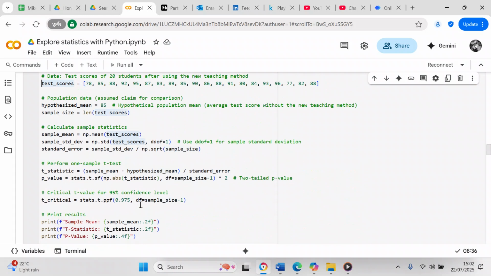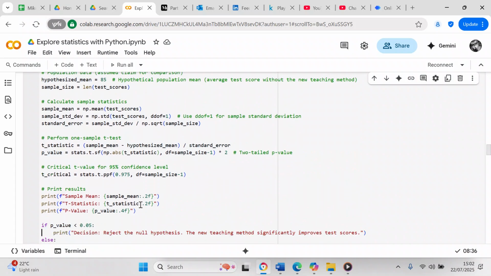So it very slightly improved, and that's why the null hypothesis was not rejected, because it was a very slight improvement.